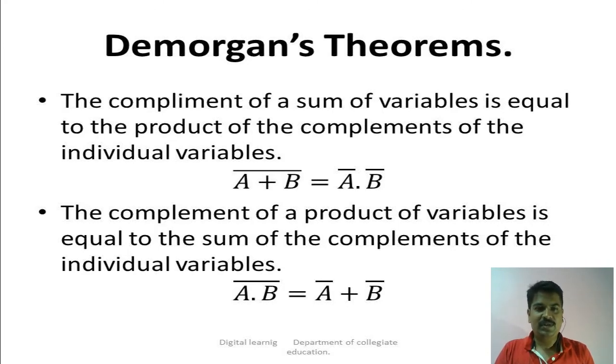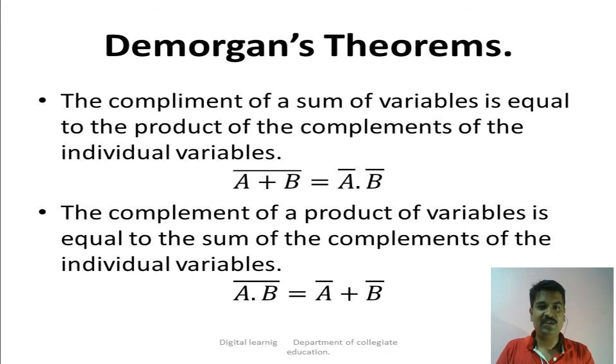The first De Morgan's theorem says that the complement of sum of the variables is equal to the product of the complement of the individual variable, and I have expressed that in the form of an equation. Look at this equation: (a plus b) whole bar, that is the quantity on the left hand side.